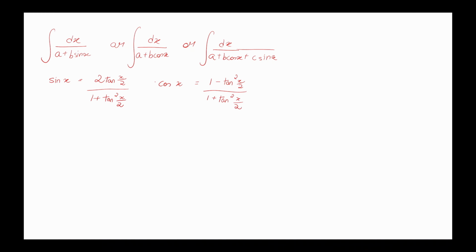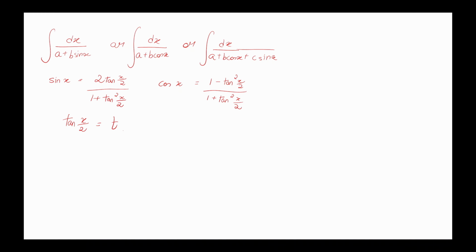Simply replace sin x and cos x in this format. Now in your entire function, you would have 1 minus tan square x by 2, 1 plus tan square x by 2. 1 plus tan square x by 2, what you can write it down as? You can write it down as sec square x by 2. And sec square x by 2 dx is basically the differentiation of tan x by 2. So simply what you can do after this is put here tan of x by 2 as t and then solve the question. So it would become fairly easy for you.